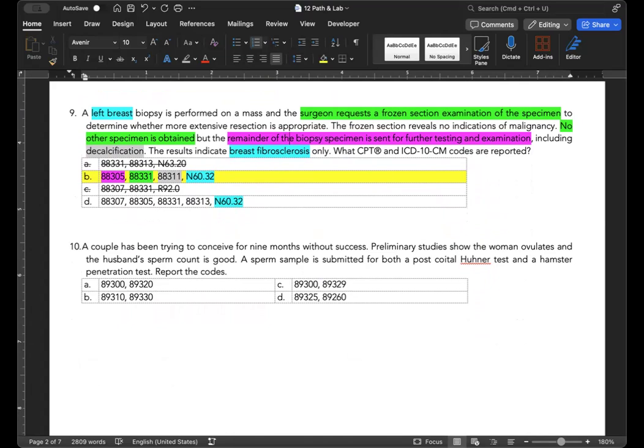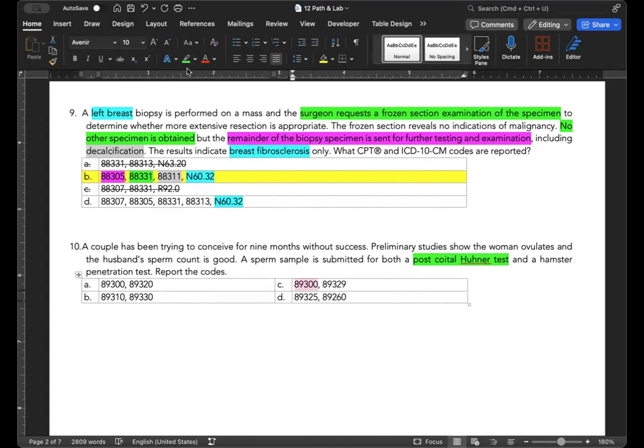So for this one, we have two that have 89300. So let's go take a look at that. That is for the semen analysis, presence and/or motility of sperm, including the Huhner test, and that's postcoital. So there's our Huhner test.